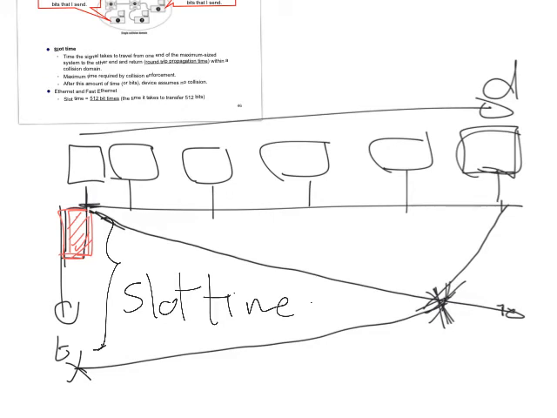Okay? If you get a notification through the jamming signal or any other method during this slot time that there was a collision, then what do you do? You have to abort transmission and consider this frame not delivered, and then you should go back to CSMA/CD and start sensing the channel again to see if the channel is idle, then try to send, and so on and so forth.